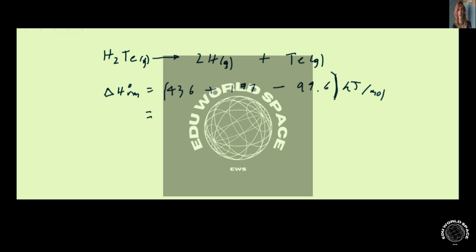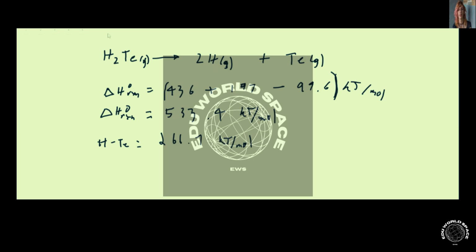And the enthalpy of this reaction is 533.4 kilojoules per mole. And therefore, our bond enthalpy for the HTe bond will be this divided by 2, 266.7 kilojoules per mole.